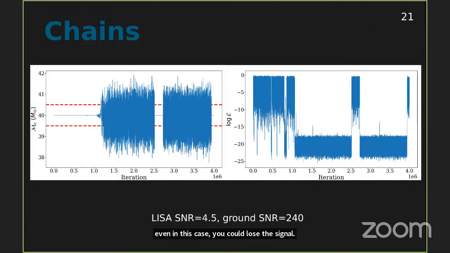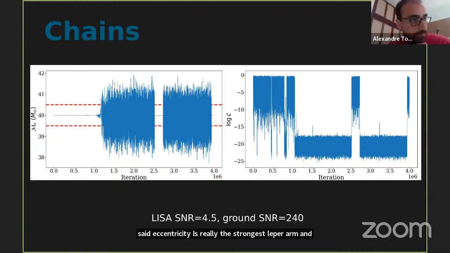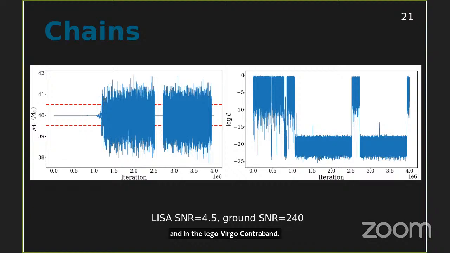Okay, so then I guess that dovetails to my follow-up question. What are you doing about the time to coalescence here? The reason I ask is because, like you said, eccentricity is really the strongest lever arm, and in the LIGO Virgo KAGRA band there's not all that much eccentricity to measure.